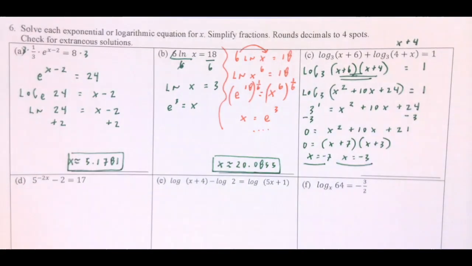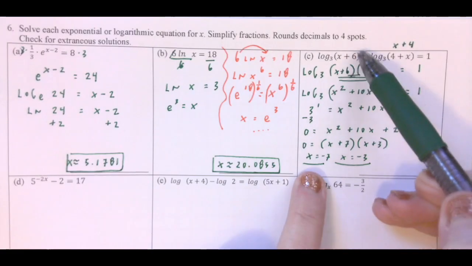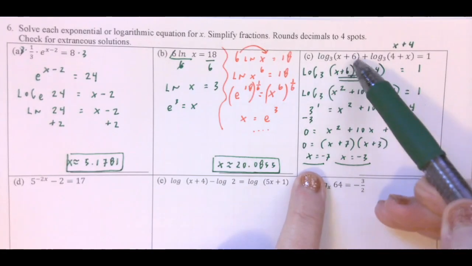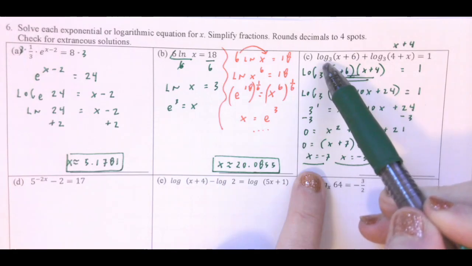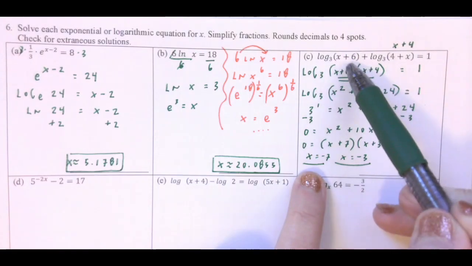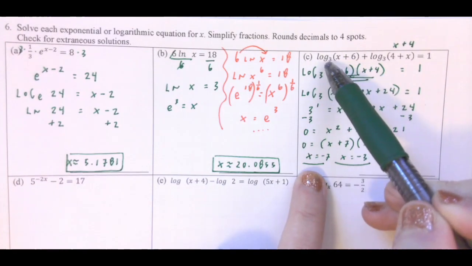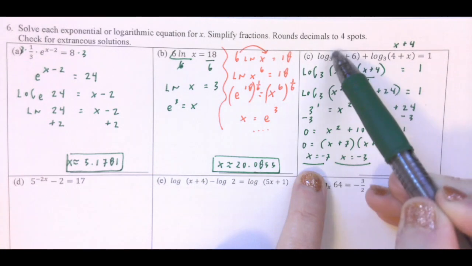But let's double check. Let's say that I tried the -7 right here. That would give me a -1 in this argument position. So think about that. 3 to any power you can think of, could that produce a negative in this position? Even if 3 was raised to something like -20,000, that would give me a really, really small number, but it would still be more than 0, right?